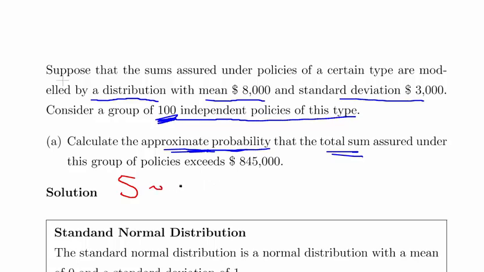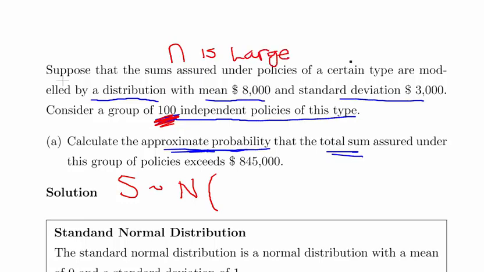Under the central limit theorem, we expect the sum of the 100 observations to be normally distributed. This is the idea of the central limit theorem: that summations, assuming the sample size is sufficiently large, are normal. In this case we do have that. N is large enough.